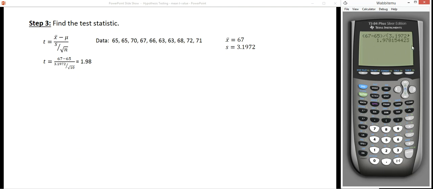So I got 1.978, but t values and z-scores can be rounded to 2 decimals, so I just rounded it to 2 decimals here. Okay, so that's all done.